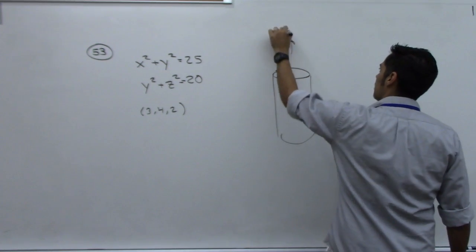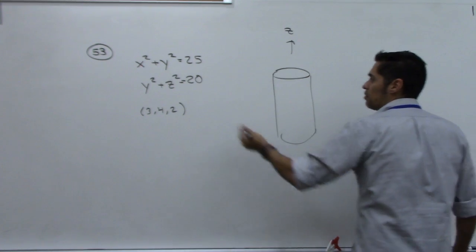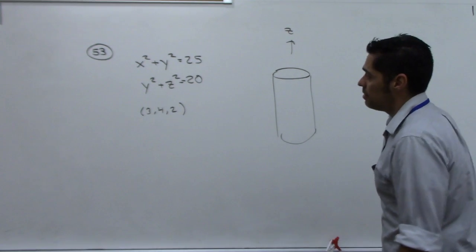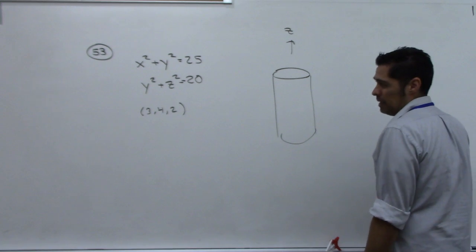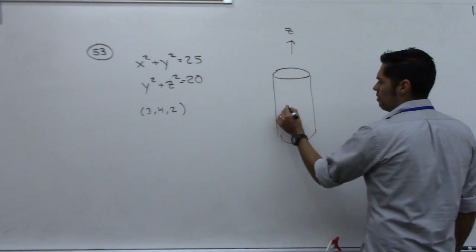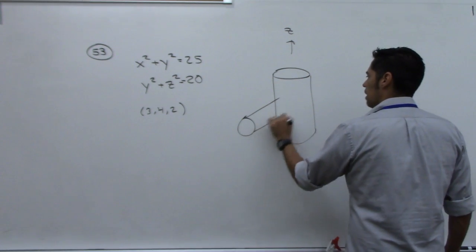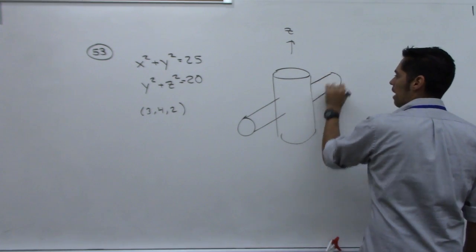It goes up the z, right? And then this one, the x is free, so it's going to come out the x-axis. It has a radius of root 20, whatever that is. So it's smaller than this one. So it's like coming out the x-axis, going in, hitting here, popping out the other side like that.